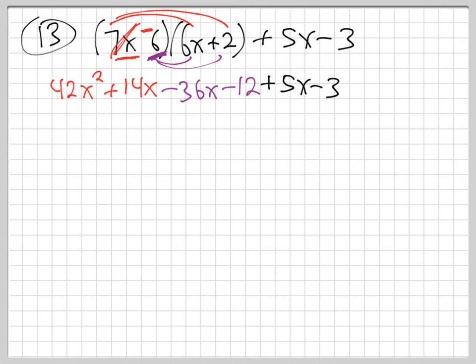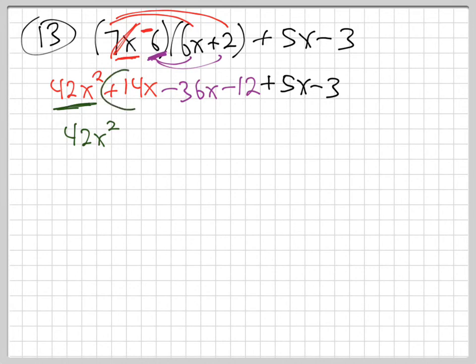Okay, so now the parentheses are gone. I multiplied. Now combine like terms. So 42x squared, he's in a category by himself. Next comes all the regular x terms.